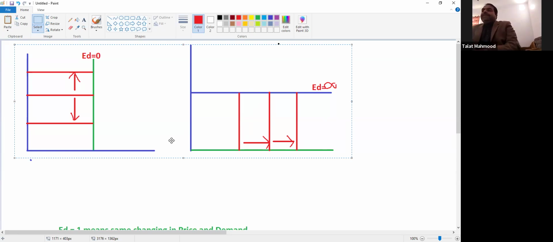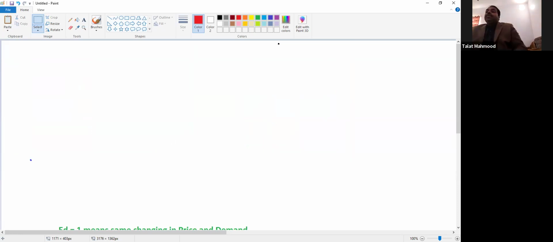Same is the case with elasticity of supply. Now we have to understand the reasons why we see elasticity in demand. First of all, when the price has gone down, more buyers will come to the market to buy that product.